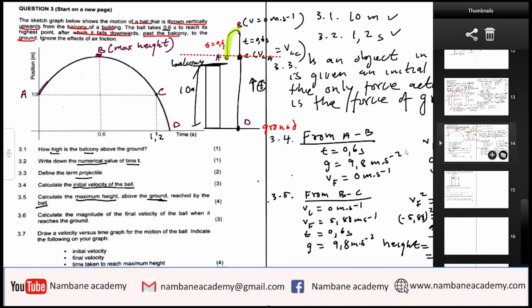Ladies and gentlemen, I am not making the science to be complex. All that I'm doing is to show you the importance of sketch, the importance of interpretation of the data that is given to you. Because with that, if you don't have BC, AB, you don't know where you are.